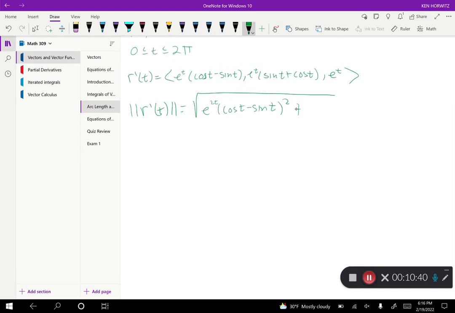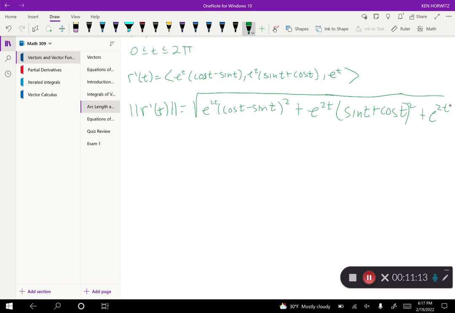And then I'm going to add that to, again, same thing, e to the 2t sine t plus cosine t, whole thing squared. Plus e to the 2t.